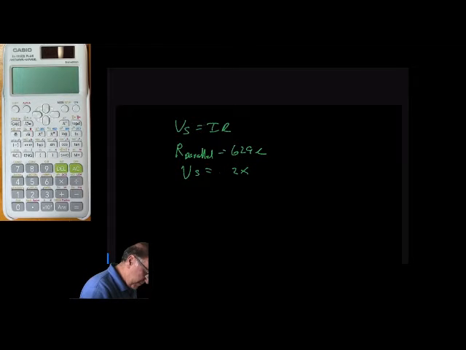So the old way we would have said V source equals I times R parallel, R parallel equals 629 ohms, Vs equals 0.02 times 629, I'm sorry, 0.2, which equals 126 volts, and then the current through R2 equals 126 over 2200 equals 57 milliamps.